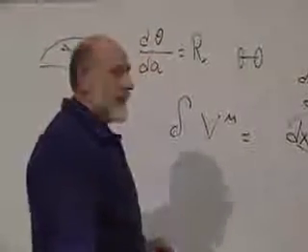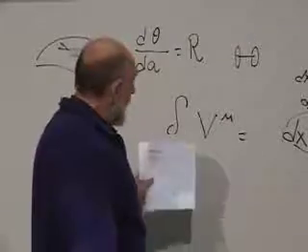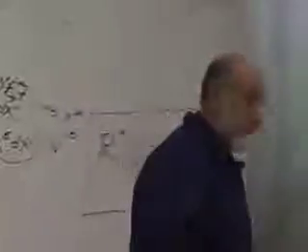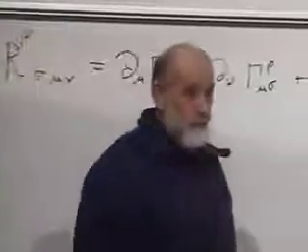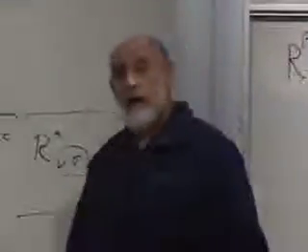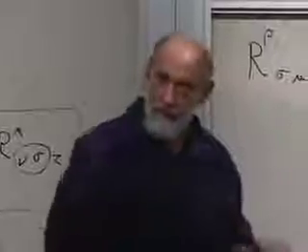The left-hand side. First of all, how do I know that the left-hand side is a vector? It's a difference of two vectors, and it's kind of like a derivative of a vector, isn't it? But a derivative of a vector is not a tensor. The covariant derivative is a tensor.